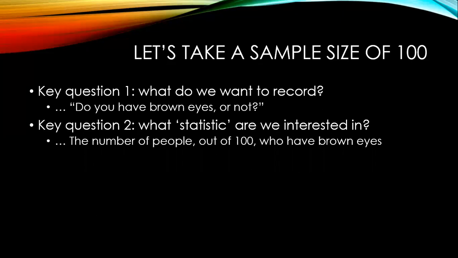Okay, so remember what we're testing. Someone thinks the percentage of people in your town that have brown eyes is 80%. You don't think that. You think it's something different. So if we're going to investigate the percentage of people in your town who have brown eyes, then we're interested in the number of people in your town who have brown eyes.